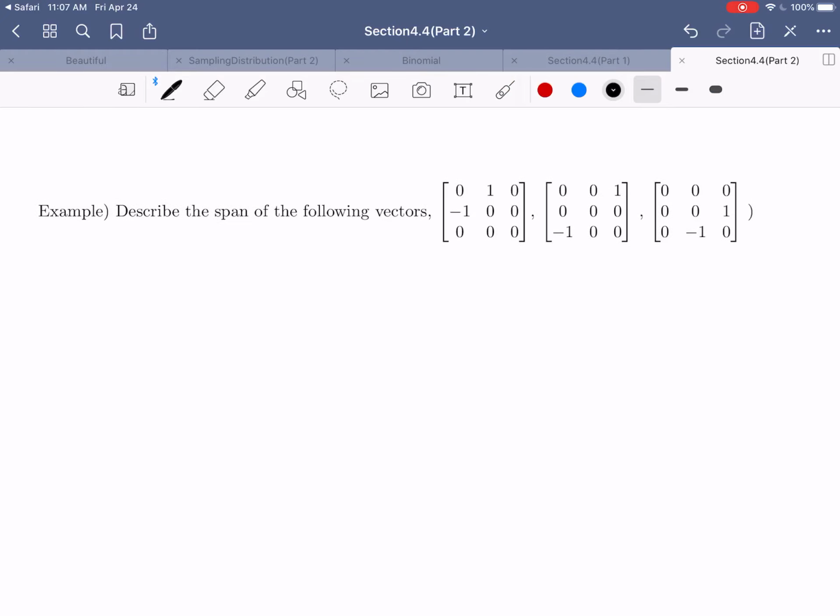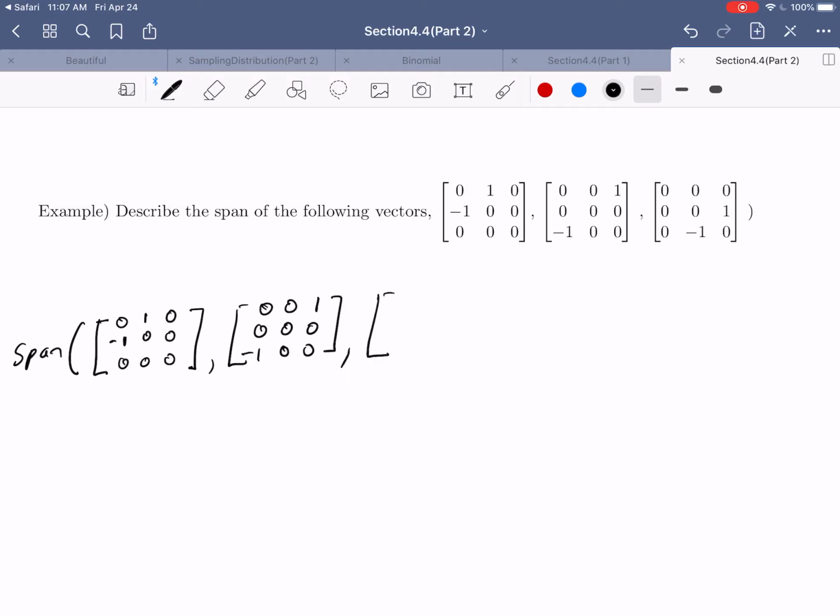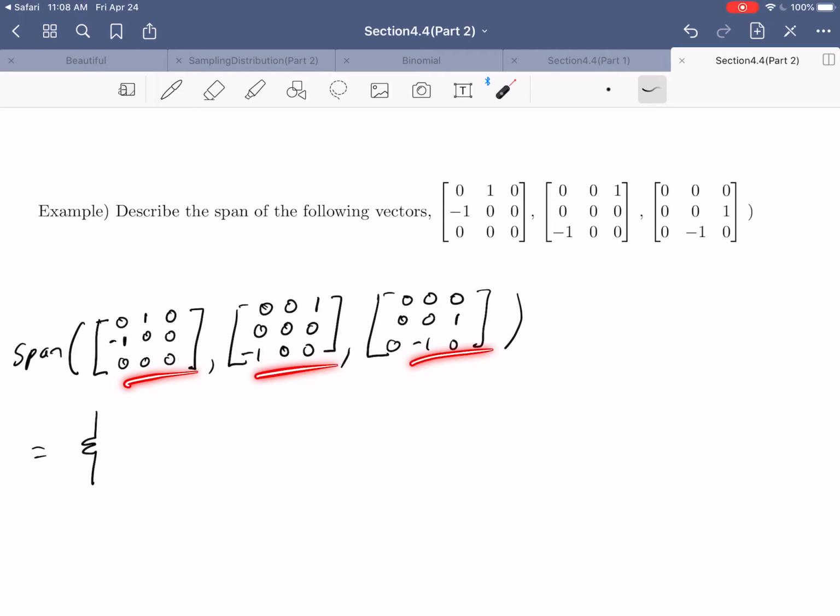So the span of these matrices: [0, 1, 0; -1, 0, 0; 0, 0, 0], comma, [0, 0, 1; 0, 0, 0; -1, 0, 0], comma, [0, 0, 0; 0, 0, 1; 0, -1, 0]. Well, what is that going to look like? That's going to be the subspace where you take a linear combination of these things.